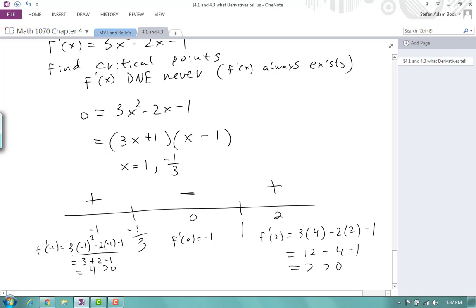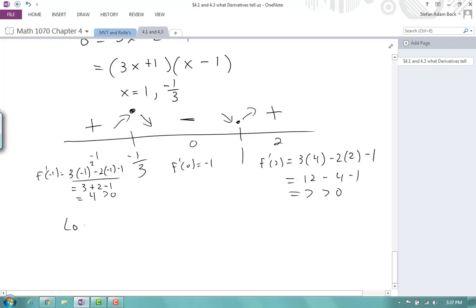So at my first critical point, -1/3, I switched from positive to negative. That's a maximum. And at my second critical point, when x is equal to 1, I switch from negative to positive. So that's a minimum. This tells me I have a local max at x equal to -1/3, and a local min at x equal to 1.